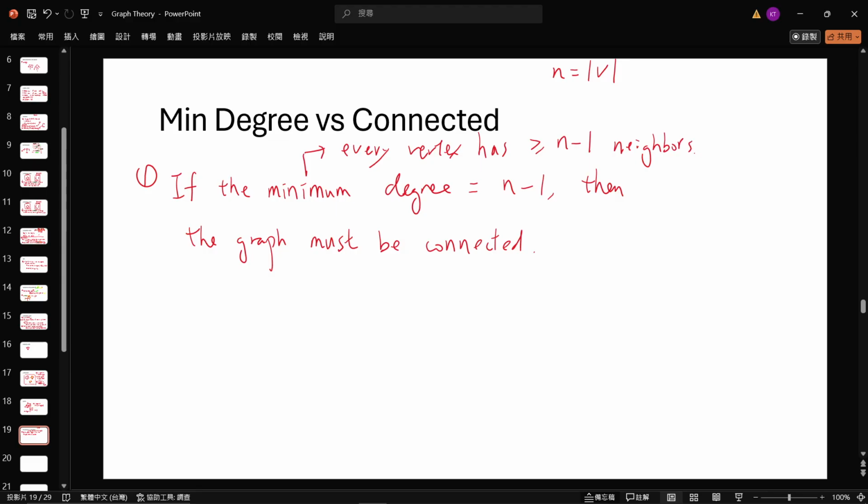Okay? So if every vertex has n minus 1 neighbors, or in a social network, if every user account has n minus 1 friends in a social network, then the social network must be connected. Is it true?